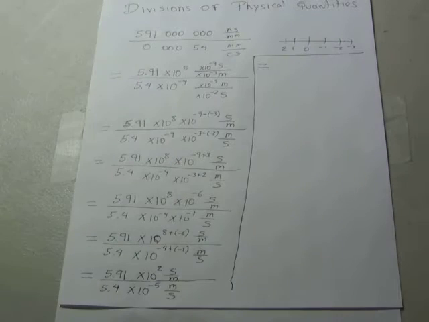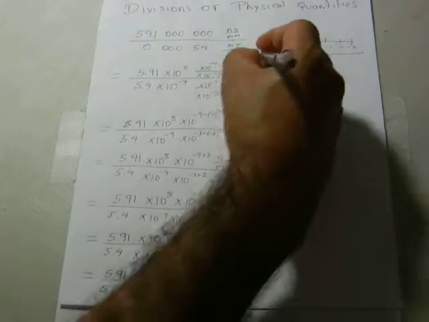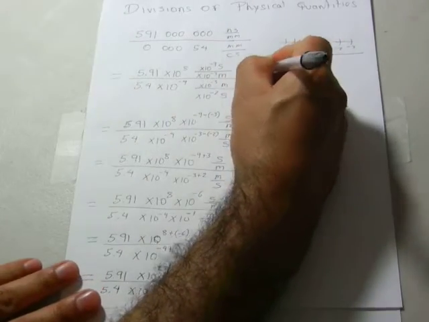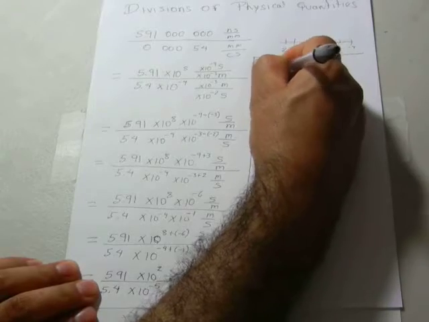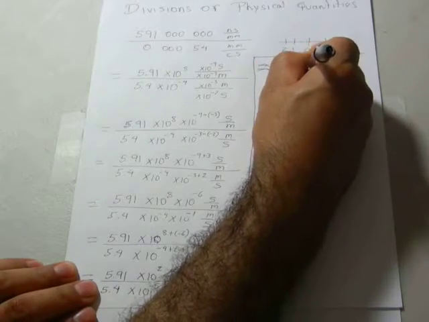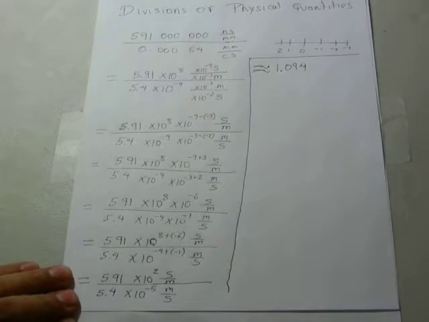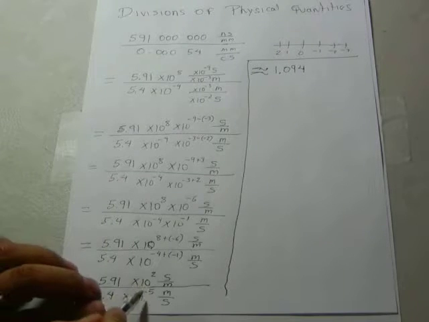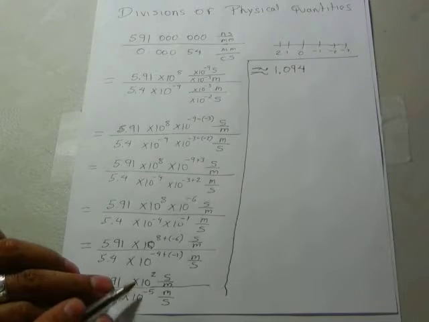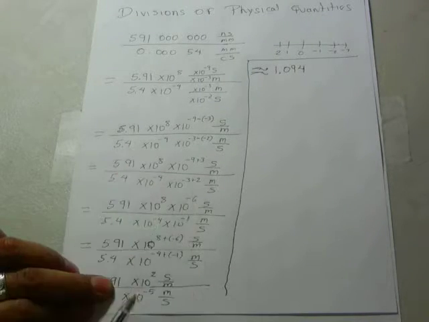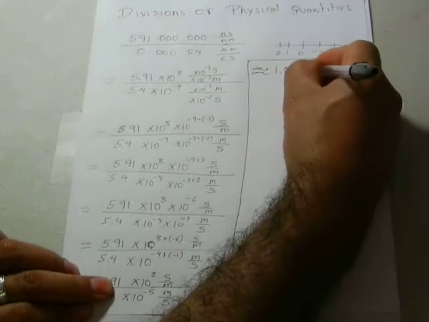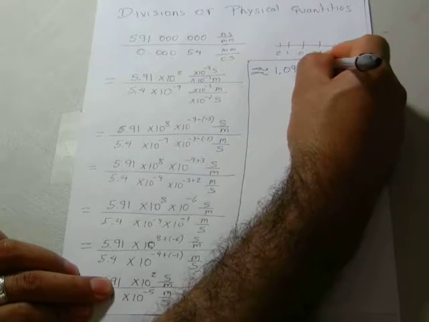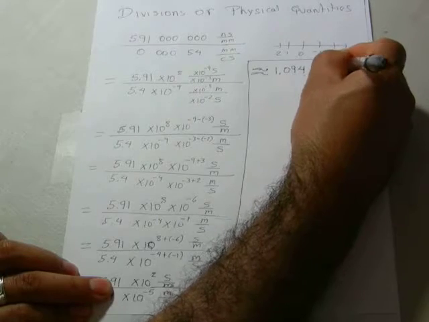So 5.91 divided by 5.4 is going to give me 1 point something. I'm going to start to round here, approximately 1.094. Now, division with the same base, as we already did before, we subtract the power of the denominator, times 10 to the minus 5.